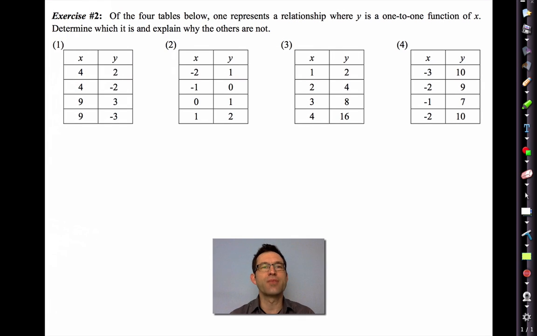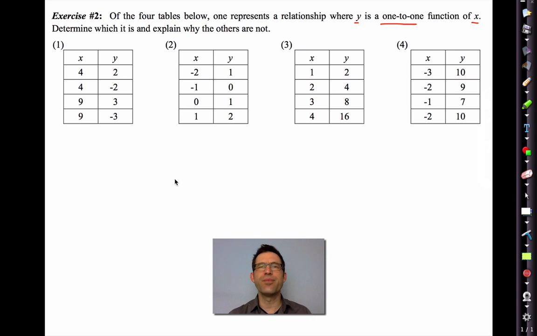Exercise 2. Of the four tables below, one represents a relationship where y is a one-to-one function of x. Determine which it is and explain why the others are not. Pause the video now and think about this a bit. All right, let's talk about it.